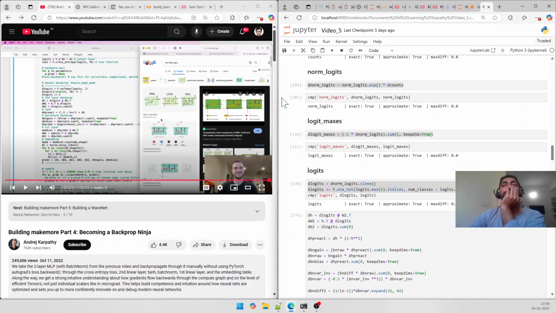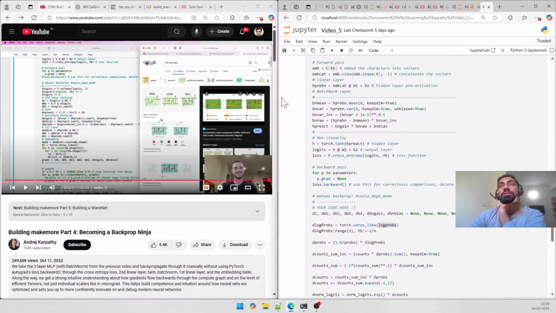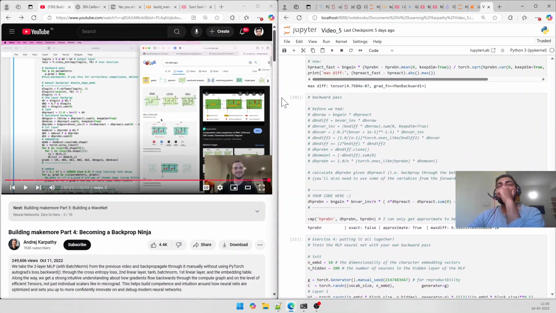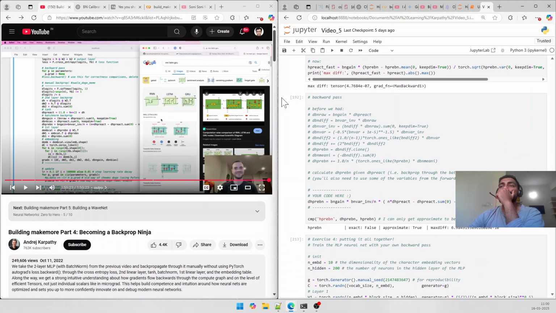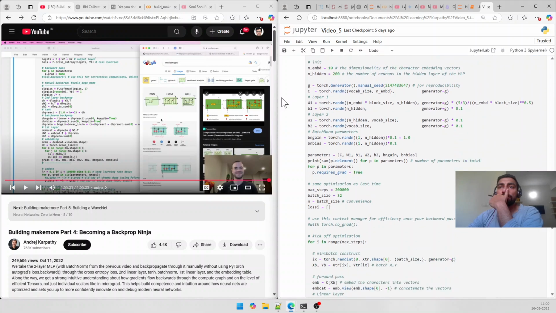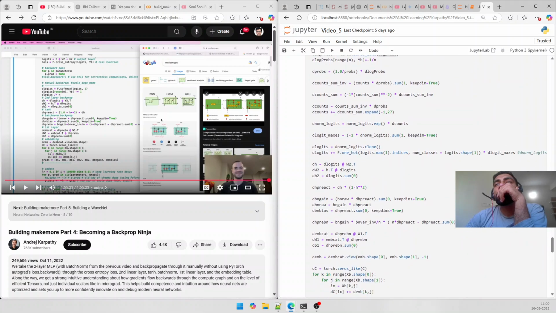But they are not calculating it. I'm not sure why they are taking directly the logits, so they are directly here.